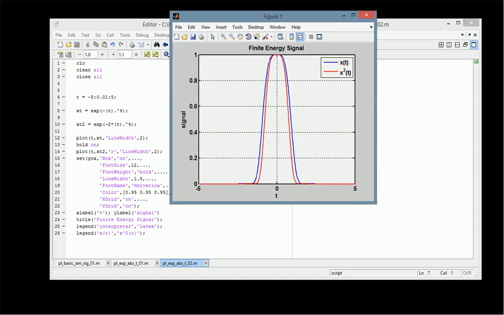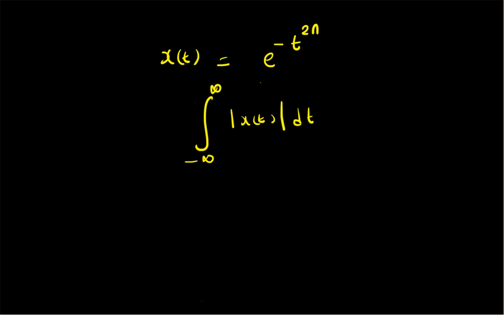Both x of t and x square of t decay very quickly on both sides of the y-axis. So this signal x of t is of finite energy. And if there are any other functions which may not have closed form solutions even with lookup tables, whether they are of finite energy or not can be determined by simply looking at the graph of the signal.